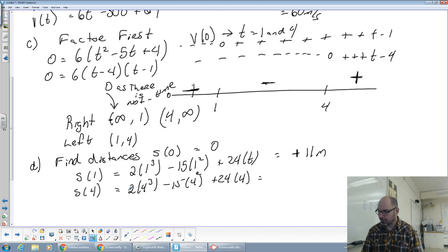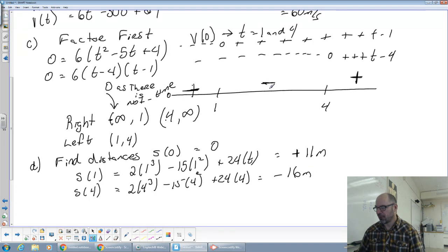So at 128 minus 240 plus 96, so this is negative 16. Okay, so this is the position. This is not the distance.